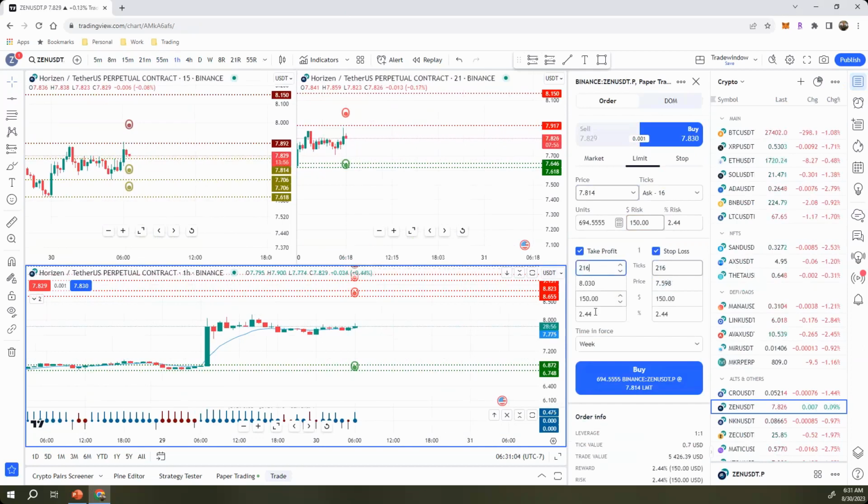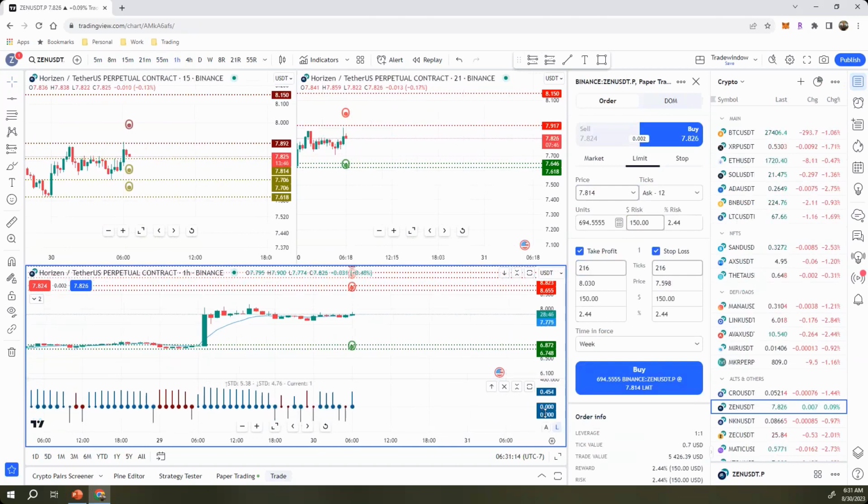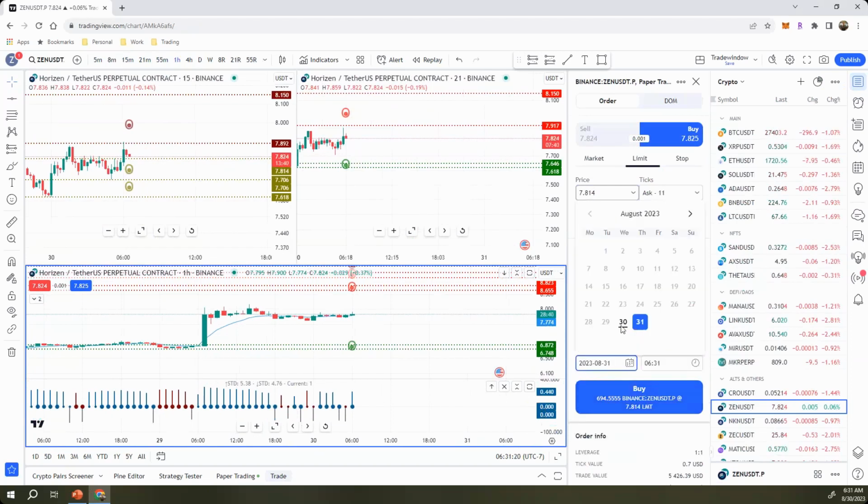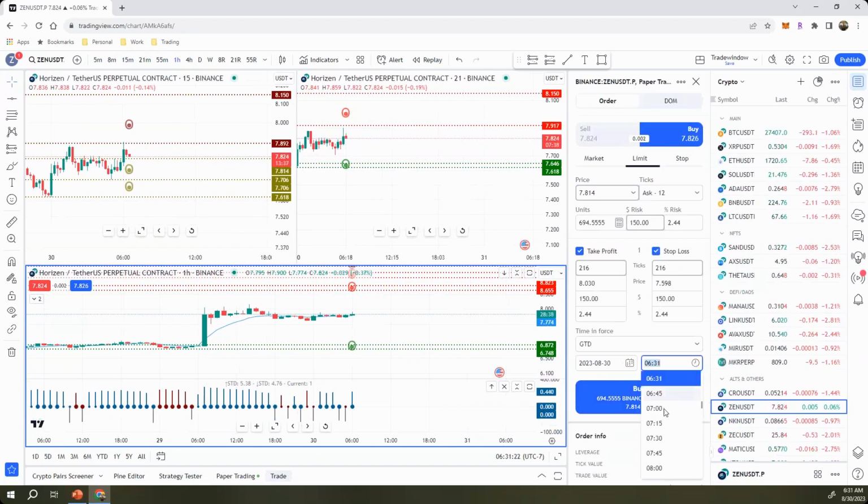Okay, so that means our T1 is at 8.03. Time in force, that is going to be a great question. We're on the first one out of typically 6 hours. So good until today, and a very similar scenario to earlier, until 1300.